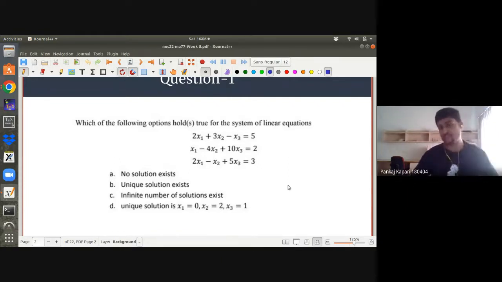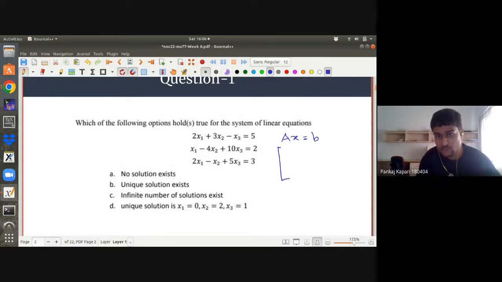Okay, so first we write the system in matrix form, that is, as Ax = b, where A is the coefficient matrix.